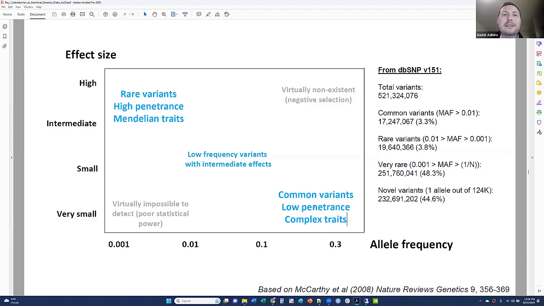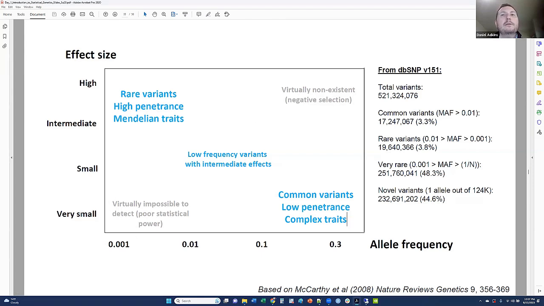But increasingly, the evidence for massive polygenicity in complex traits, by which I mean the evidence supporting the fact that complex traits are determined by thousands of genetic loci, if not tens of thousands, is becoming increasingly overwhelming. I'm going to show some of that evidence, but this model is consistent with the evidence that we have.